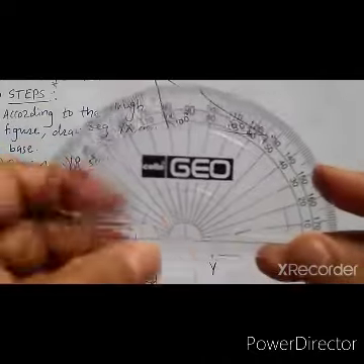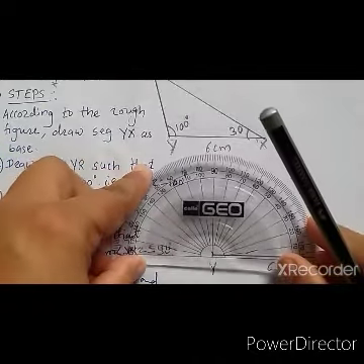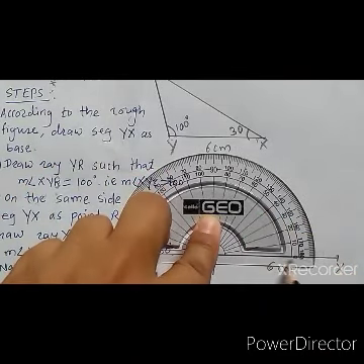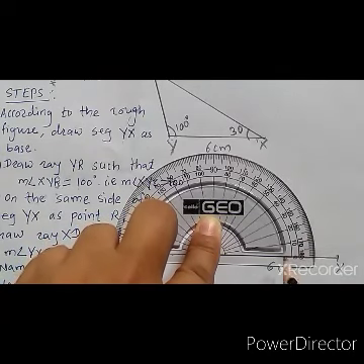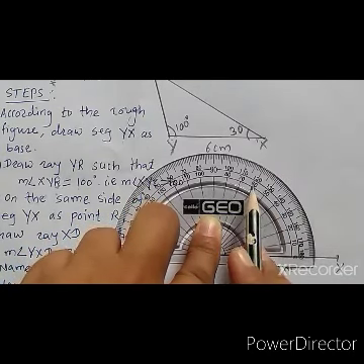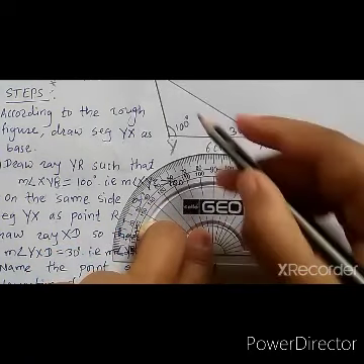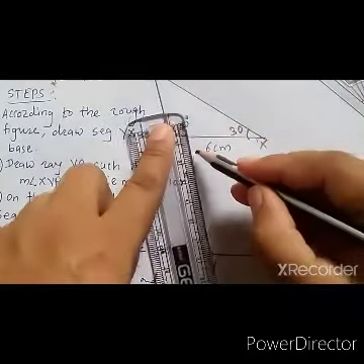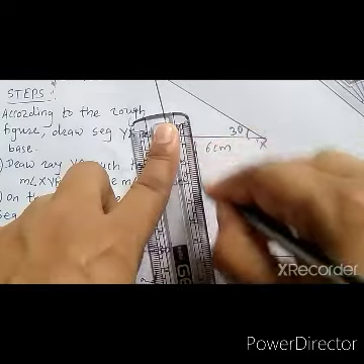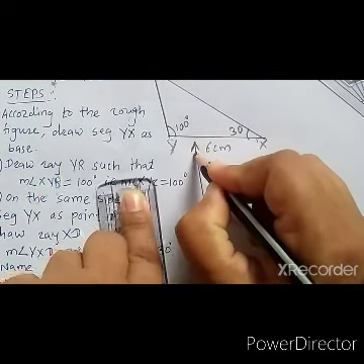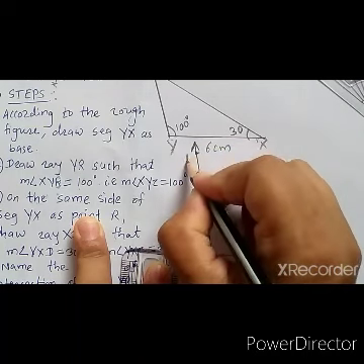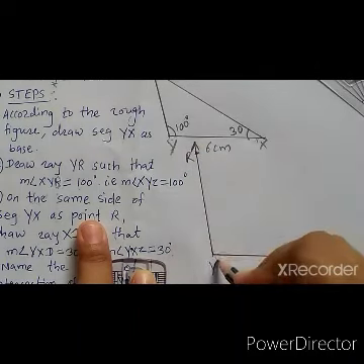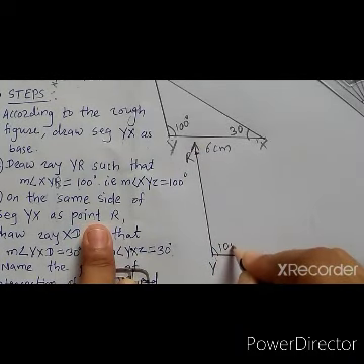So we have to take the protractor. Now this middle point we have to put on this point Y and this line on the line segment YX. See the direction of the line segment, it is on the right hand side. So start from this side: 0, 10, 20, 30, 40, 50, 60, 70, 80, 90 and 100 degrees. So you have to mark here. Now we have to join these 2 points and name this point R. Now we got ray YR. So angle Y is 100 degrees.